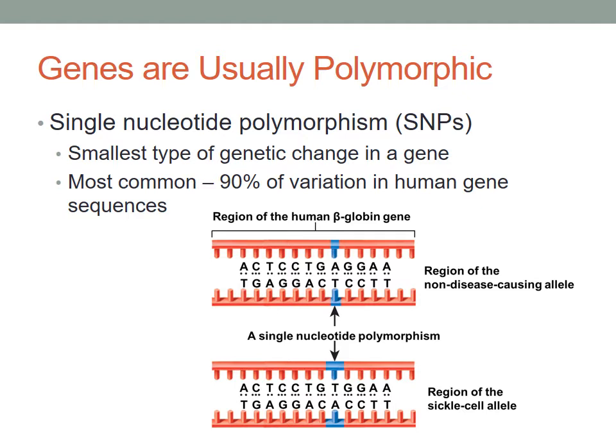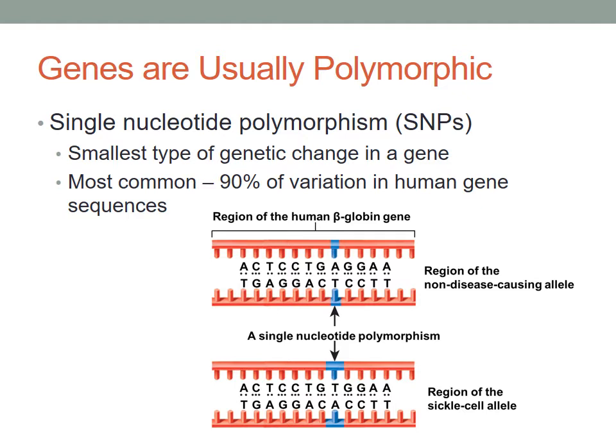Keep in mind that genes are a lot of base pairs. Genes can be 2,000 to 3,000 base pairs. And we find that in most genes, there's an average of 10 single nucleotide polymorphisms, or SNPs. SNPs that occur in 1% or more are found frequently. So if there's something that is more frequent, you're going to find it more often.